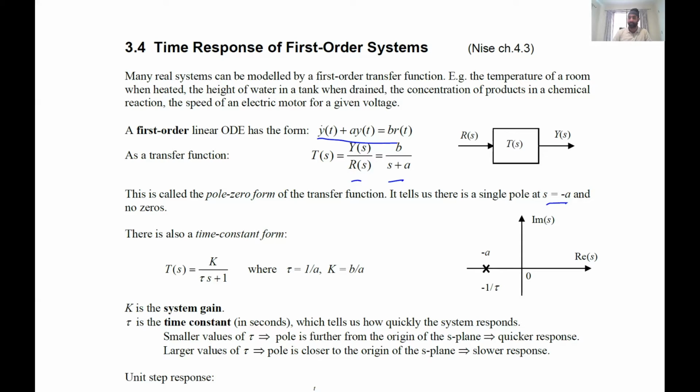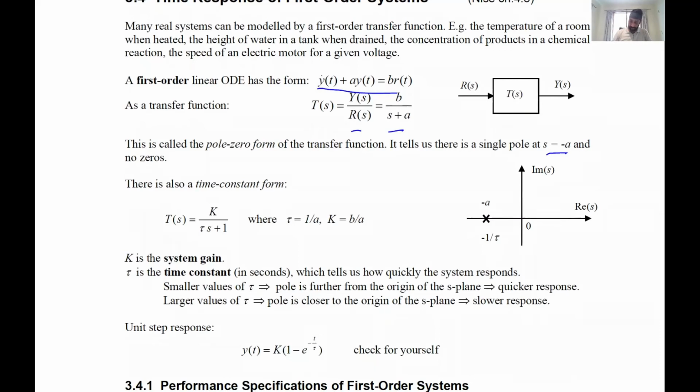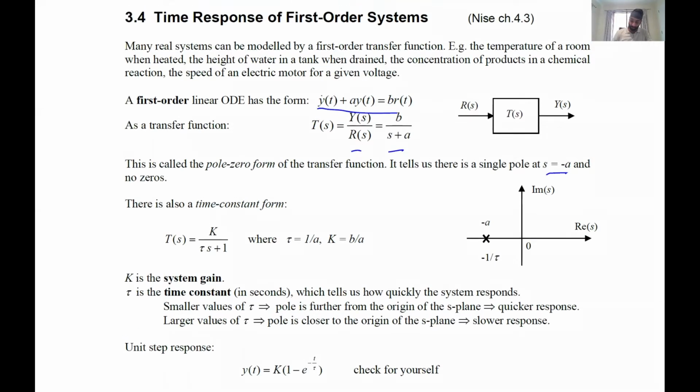So that is a response dominated by the first order characteristics. This happens in many appliances, for example, in your ceiling fans, in your food processor, and so on. So first order response is quite important. First order and second order responses together are quite important to study.